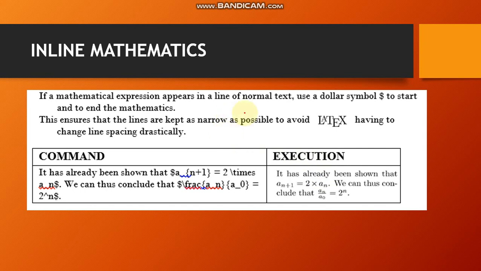So if you are typing in LaTeX, you have to follow many restrictions, because sometimes your command has an error, so the execution or the result is a bit wrong. There it is.